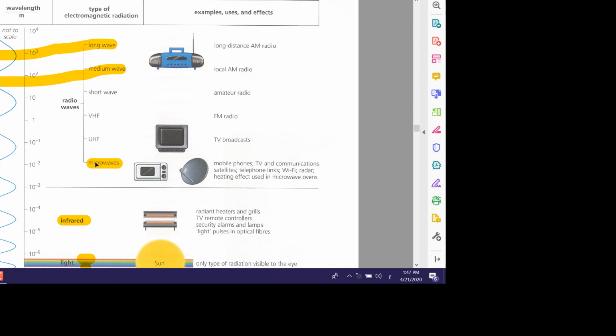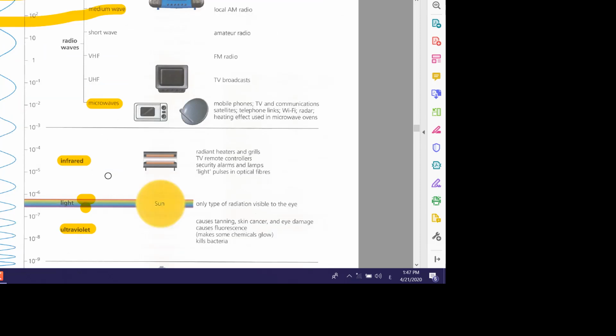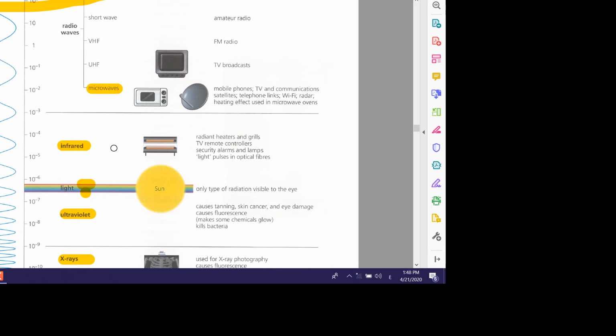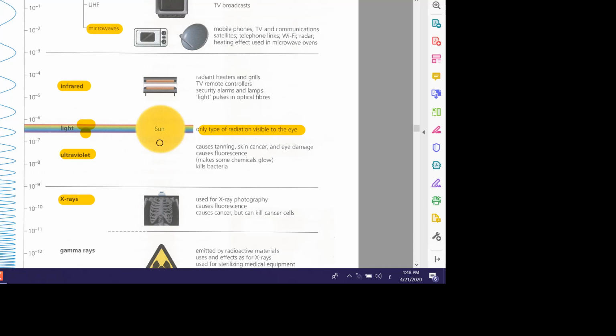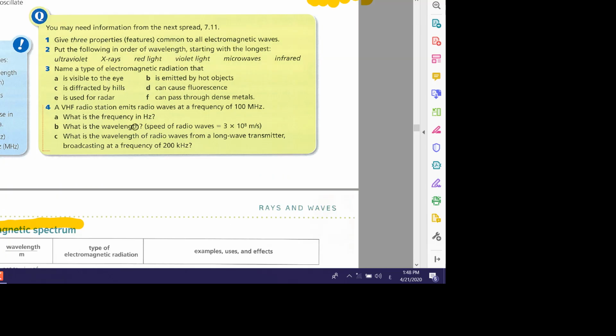Can you see the microwaves? No. Can you see the infrared? No. Can you see the X-ray? No. The only one that is visible to our eyes is light. Only type of radiation visible to the eye.